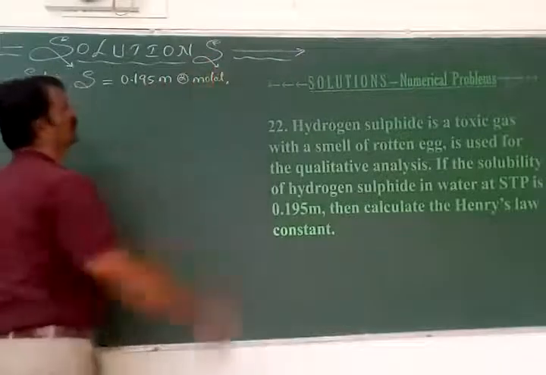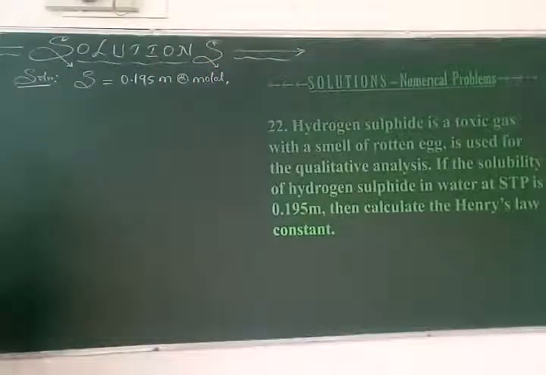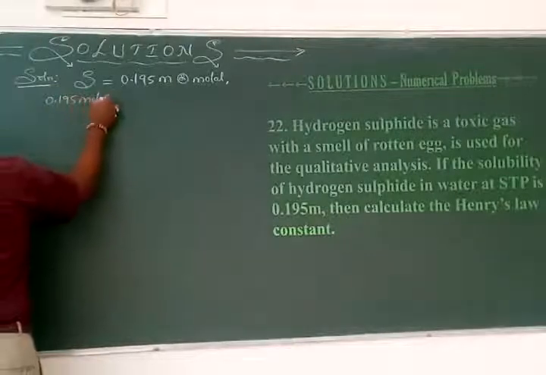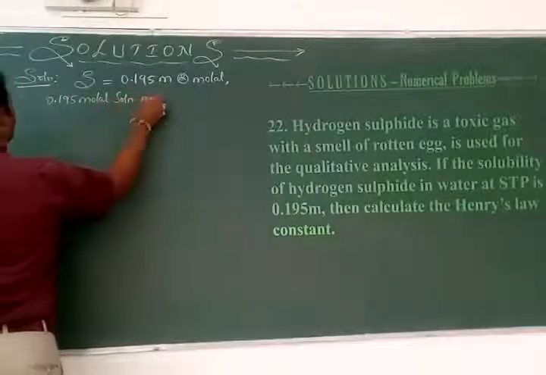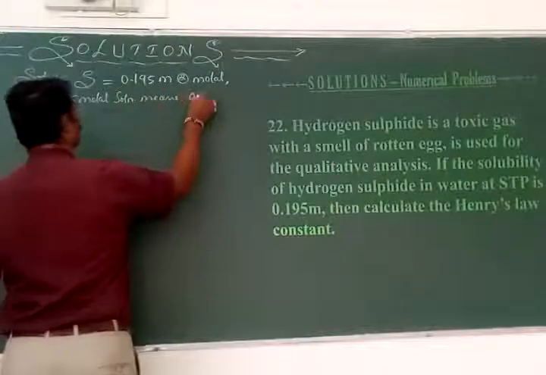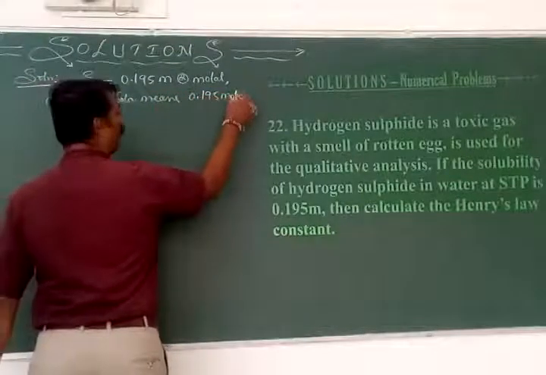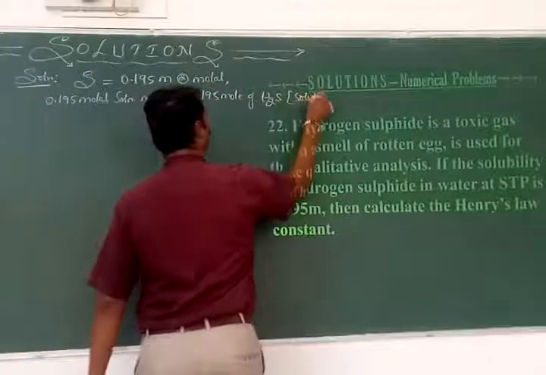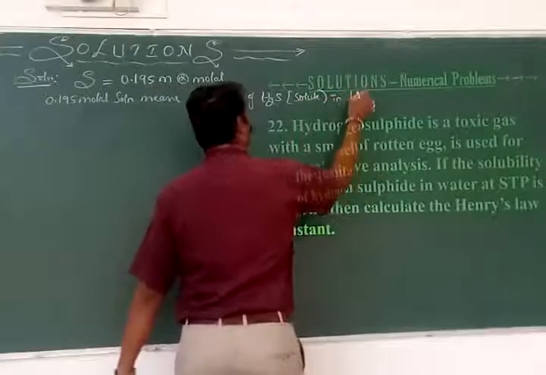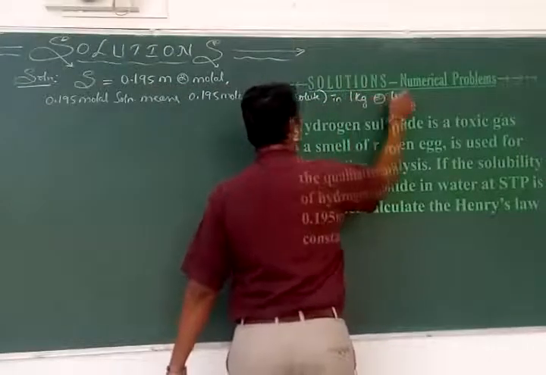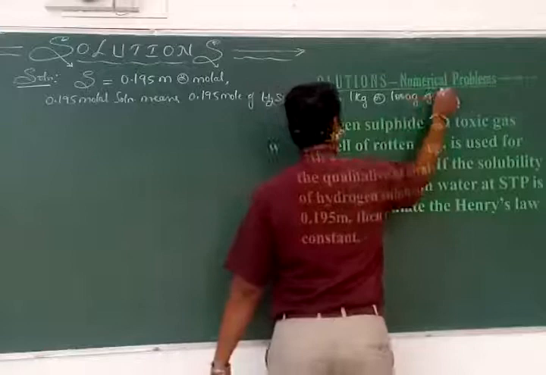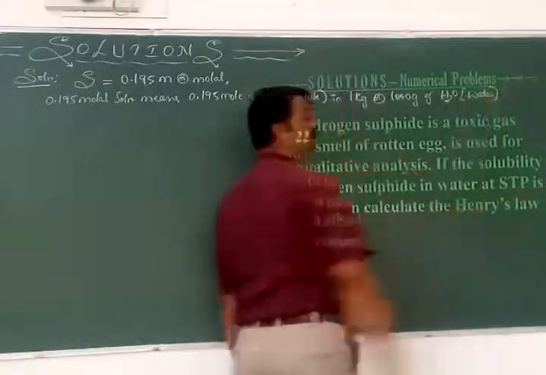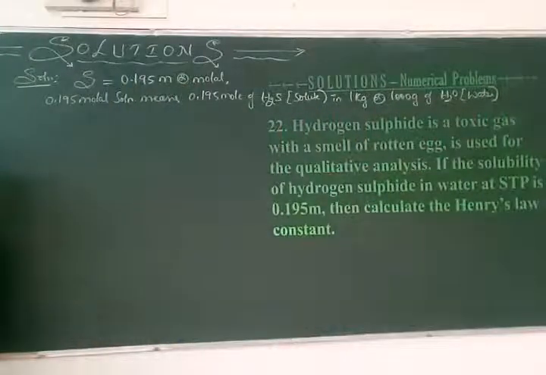Small m means molal. What is the meaning of that? 0.195 molal means 0.195 mole of solute, which is H2S here, in 1 kg or 1000 grams of solvent, that is water.